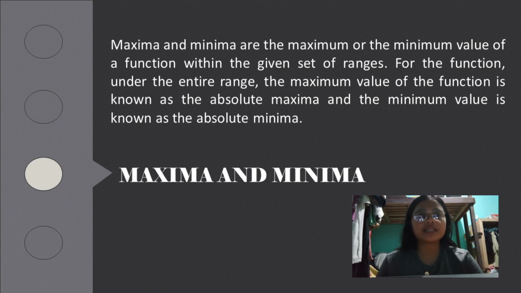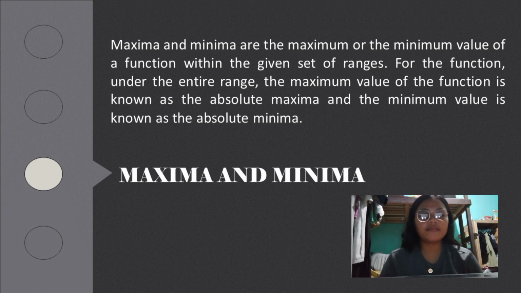So we define maxima and minima as the maximum or the minimum range value of a function within the given set of ranges. For the function, under the entire range, the maximum value of the function is known as the absolute maxima, and the minimum value is known as the absolute minima.